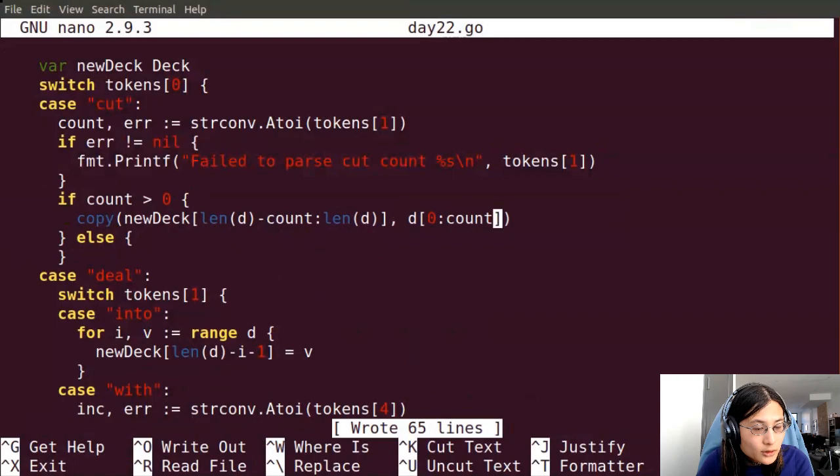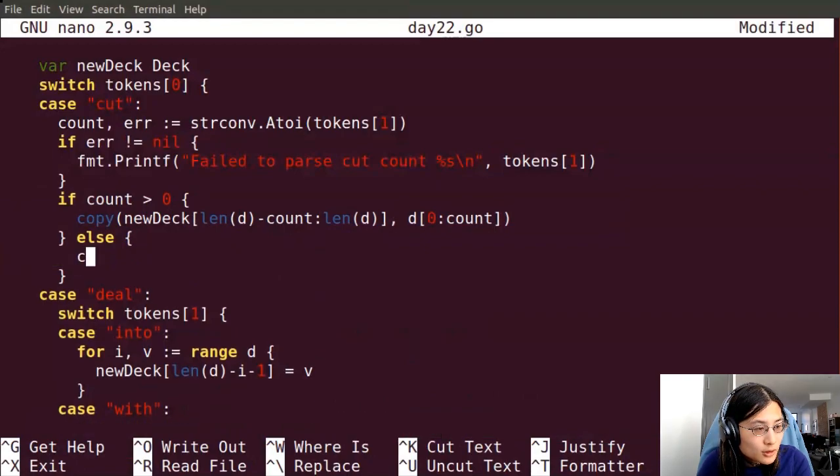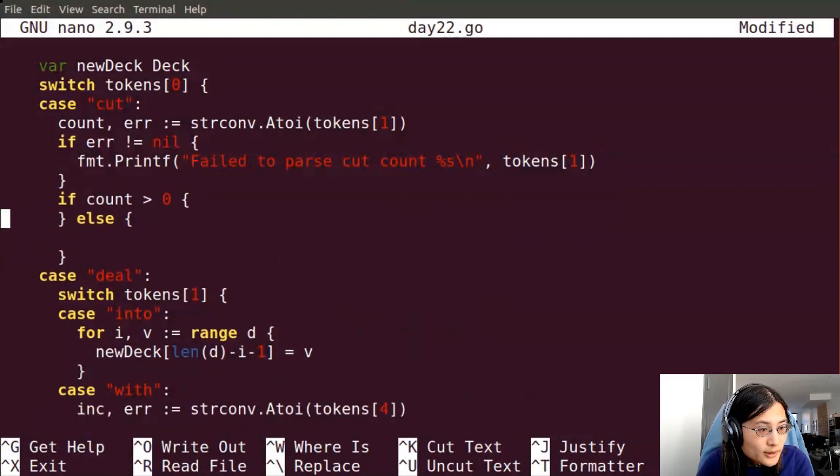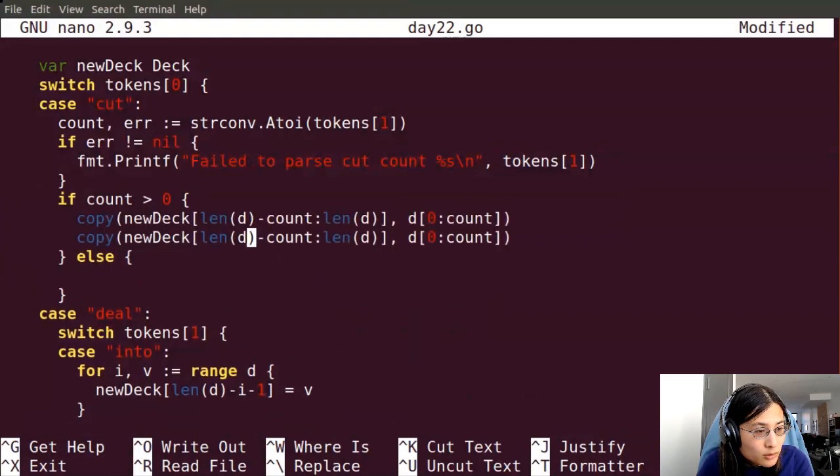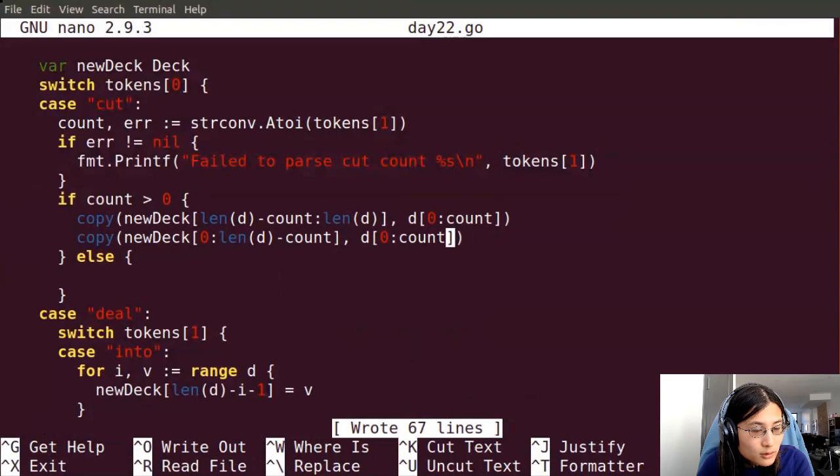Cut 3 actually. Okay, we'll have to actually test this. That's fine for now. Just need to look up whether it's inclusive or exclusive. I think that should do it.